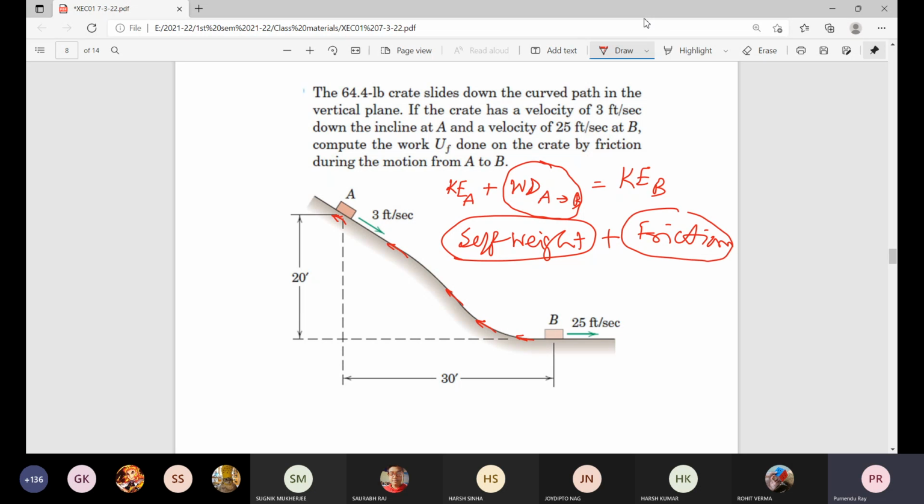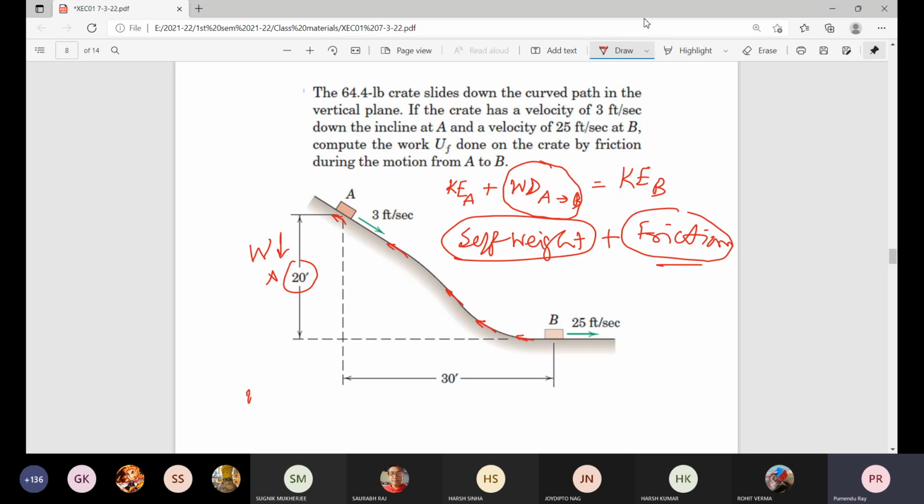For self weight, it will be W multiplied by 20 feet, that is the distance. But for this friction part, we can simply find it in this way.